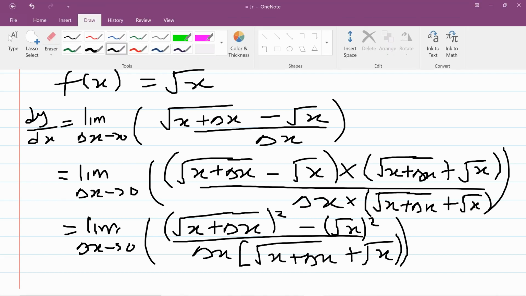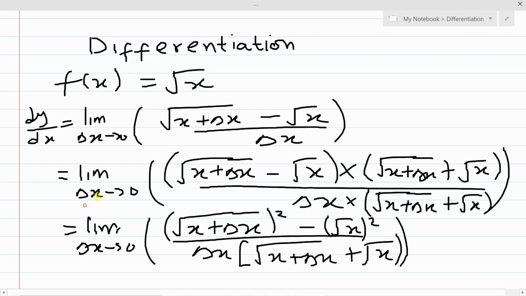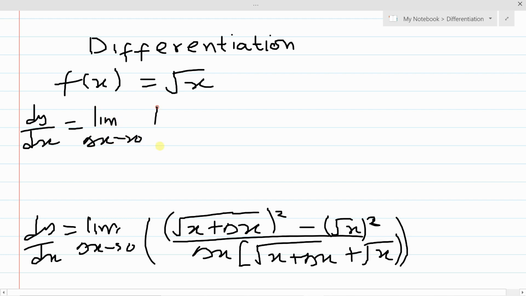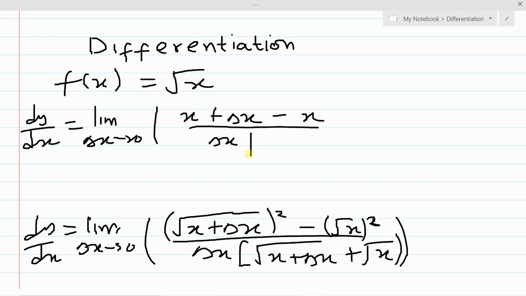Now let me erase some parts and it will be simpler for you to see. dy/dx is actually equal to the limit as delta x approaches 0 of, all right, this square will give me x plus delta x minus x, all over delta x times the square root of x plus delta x plus the square root of x.